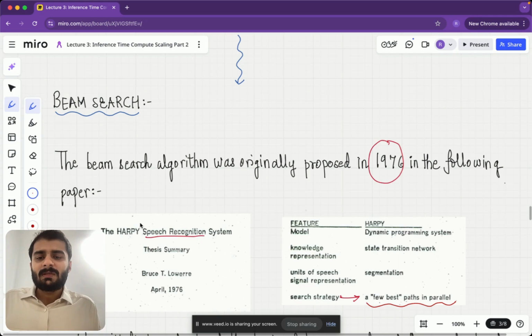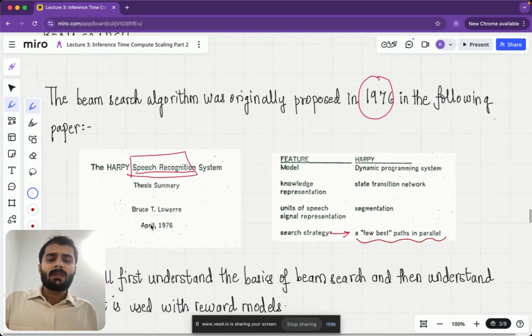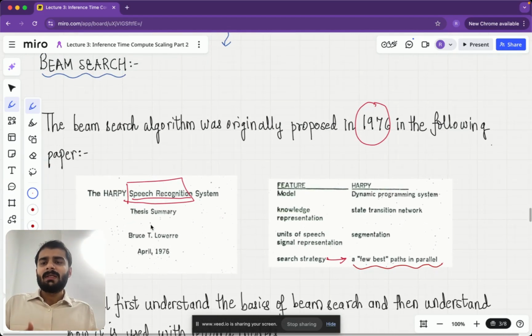And it was used for speech recognition tasks. Beam search continued to be used for speech recognition and translation tasks in subsequent years. It was a popular algorithm. You can even go to Wikipedia and search about it. You can see that the references date back to earlier years.